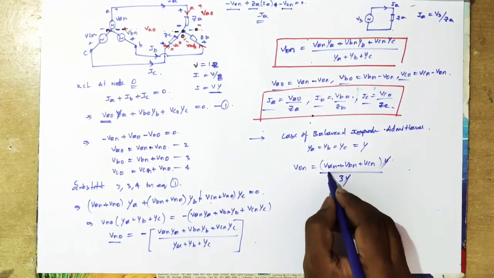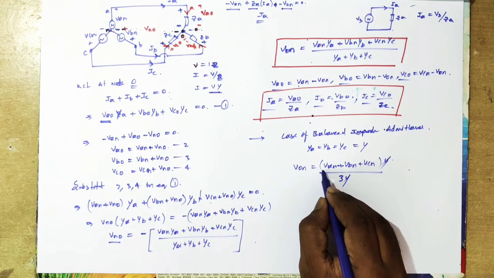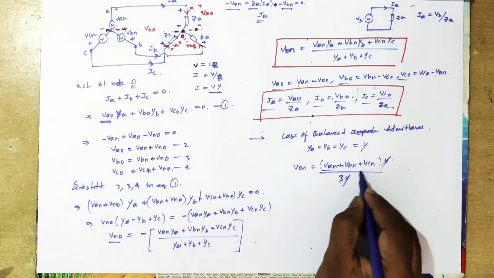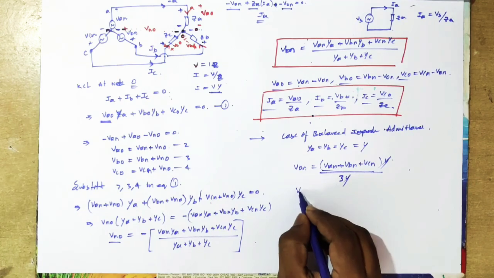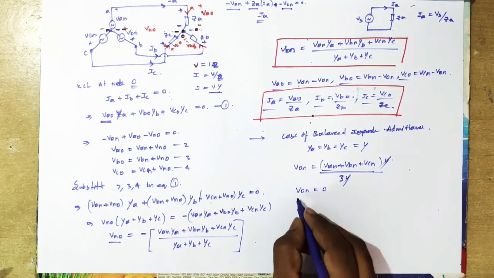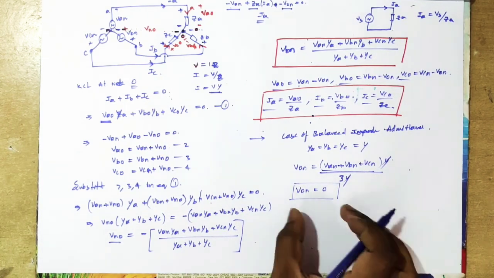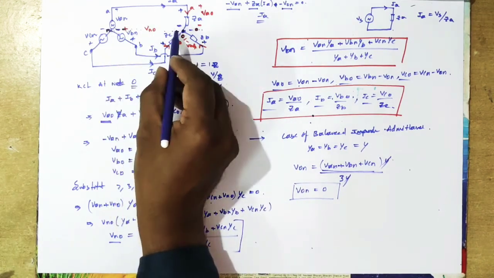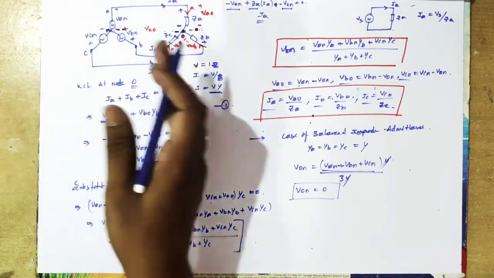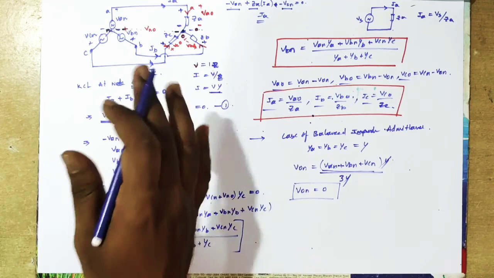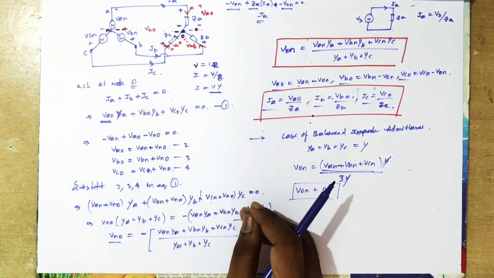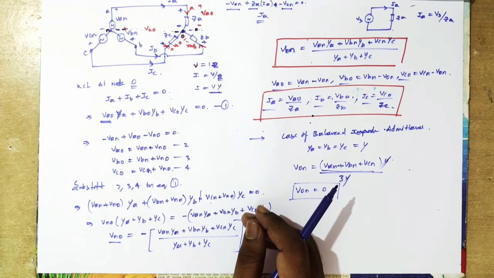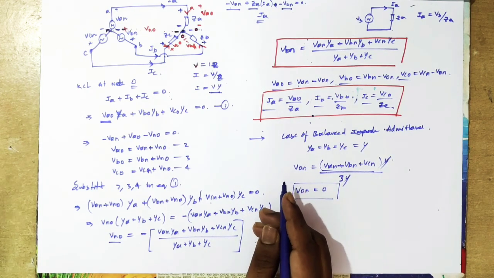Then what happens here is we have an algebraic sum of the phase voltages. If the algebraic sum of the phase voltages of a balanced supply is zero, then we get V_ON equal to 0. That means there is no potential between N and O. Therefore, we say that the potential between the supply neutral and the load neutral is 0, both being at the same potential.